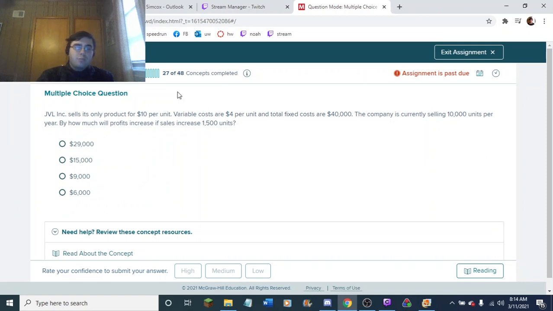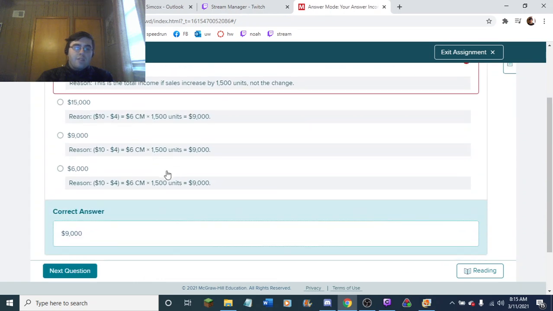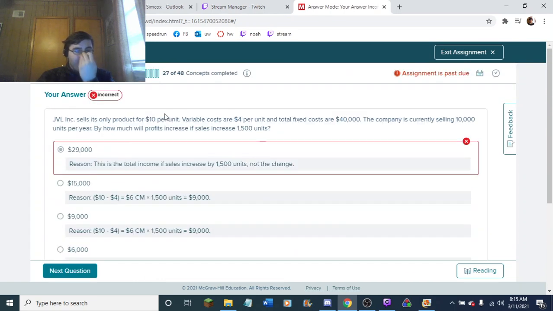How do you do this question? I just want to see how they do it. Okay, so how do they do it? First they calculate the contribution margin.